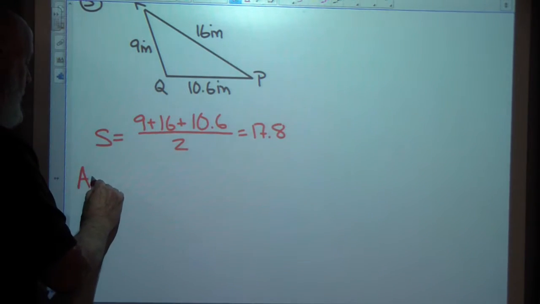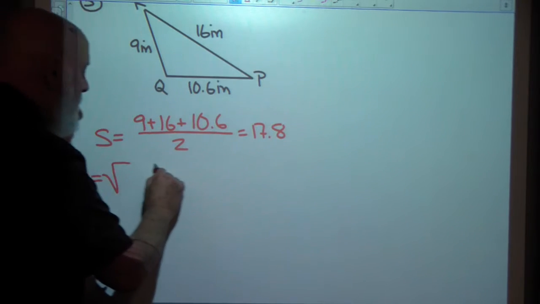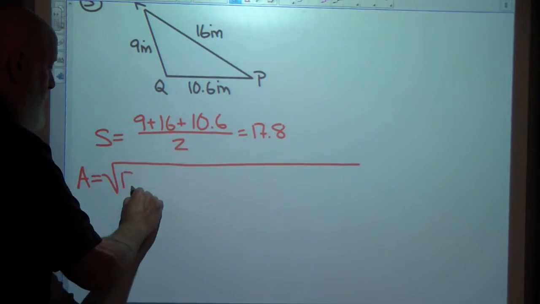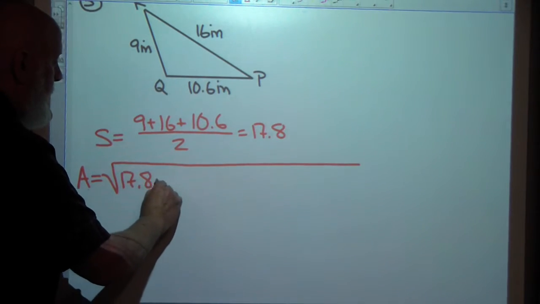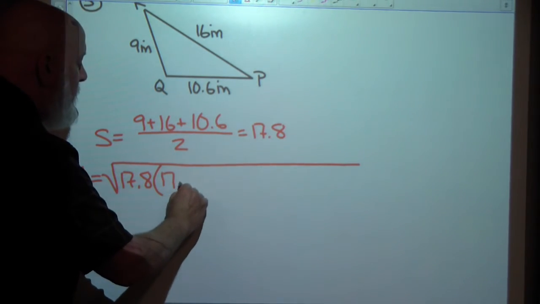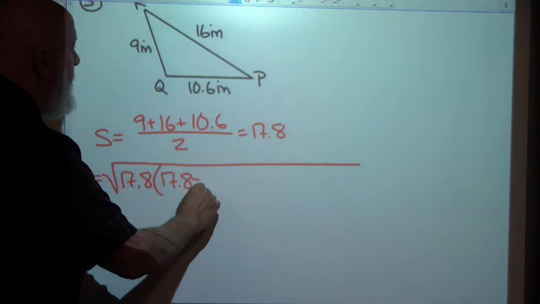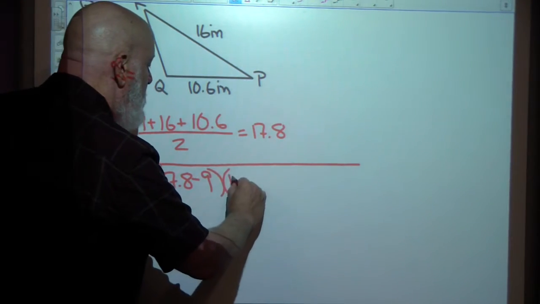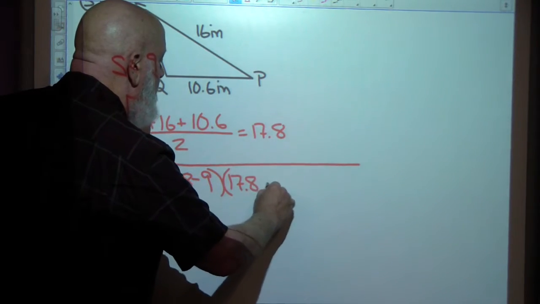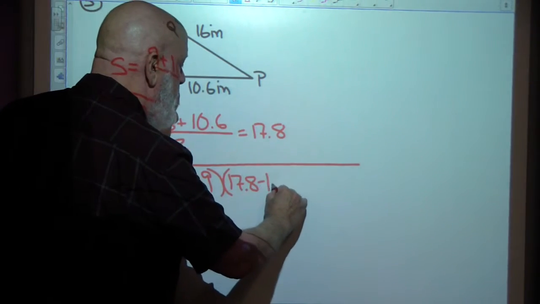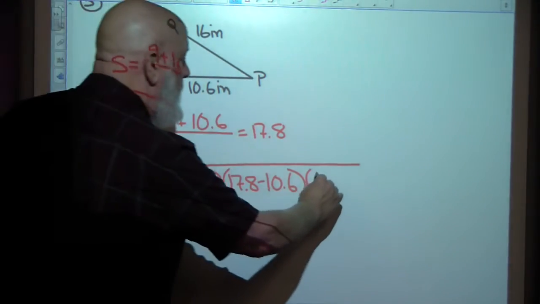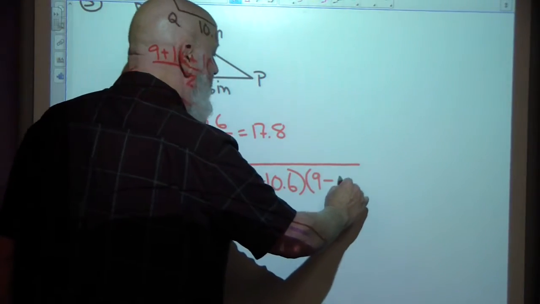The area is the square root of S times S minus the length of one side times S minus the length of another side times S minus the length of a third side.